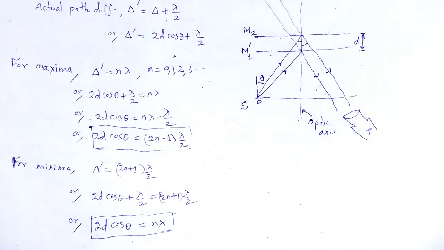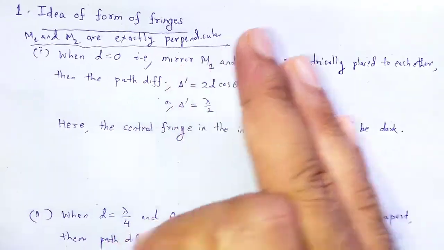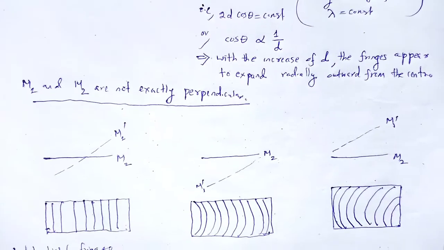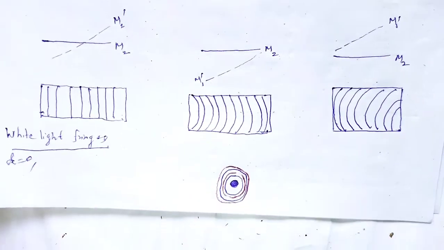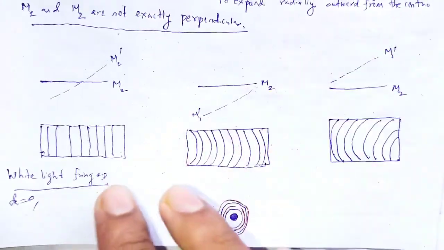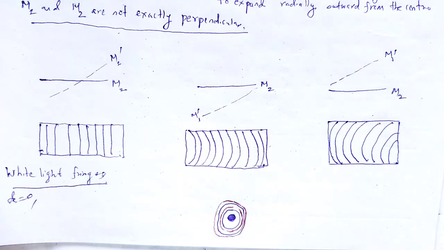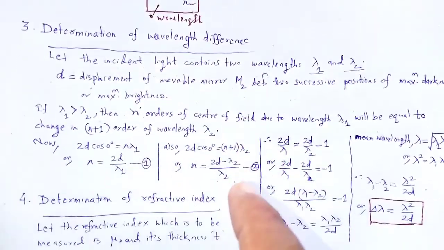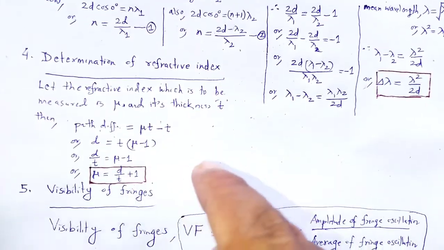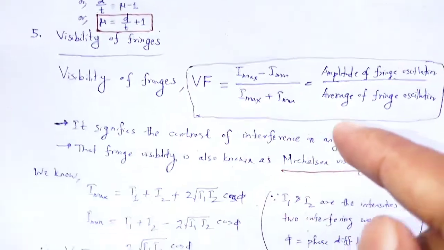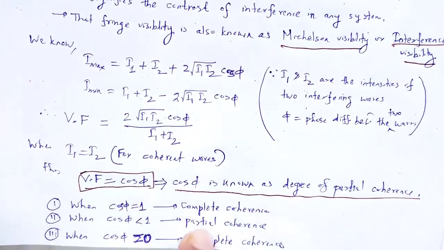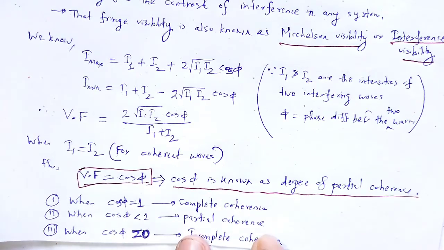By using Michelson's interferometer, you get an idea of the form of fringes, what type of fringes we obtain when M1 and M2 are exactly perpendicular, and for white light fringes. Again, you can easily calculate the wavelength, difference in wavelength, refractive index, and the condition for visibility of fringes.